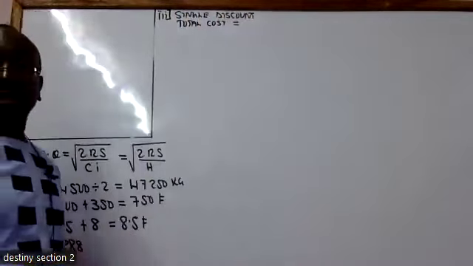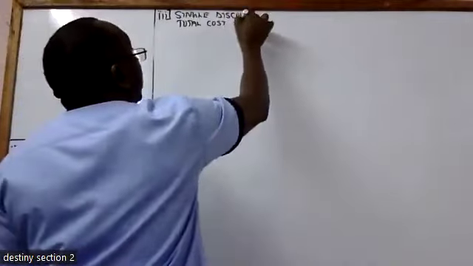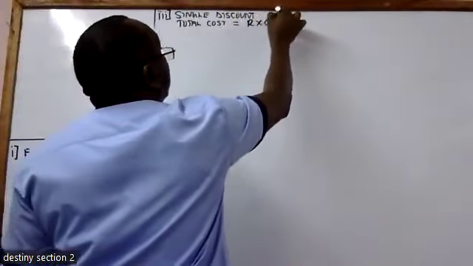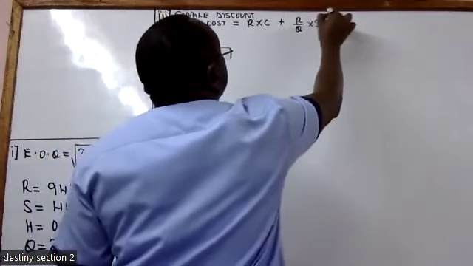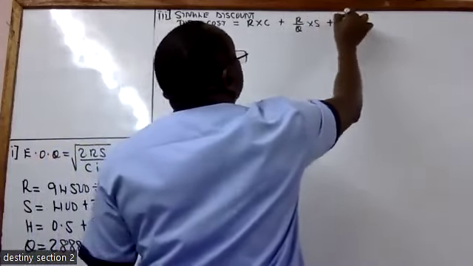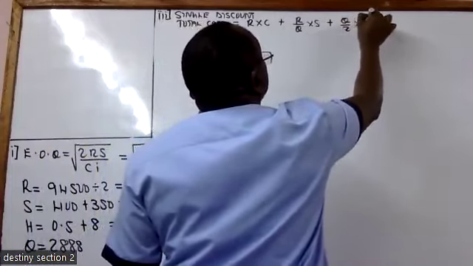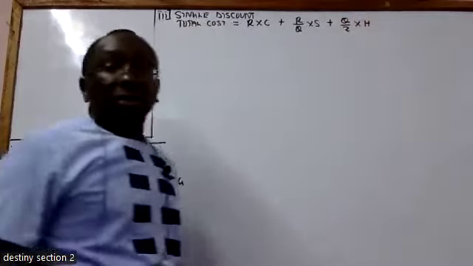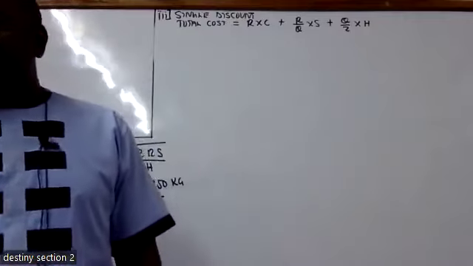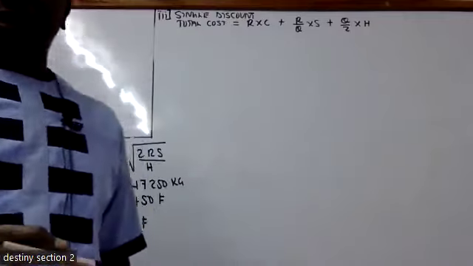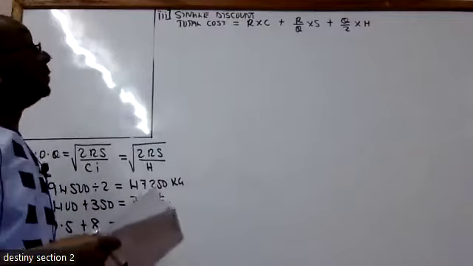Total cost is given as R times C plus R out of Q times S plus Q out of 2 times H or CI. You can either use H or CI, whichever you prefer works.